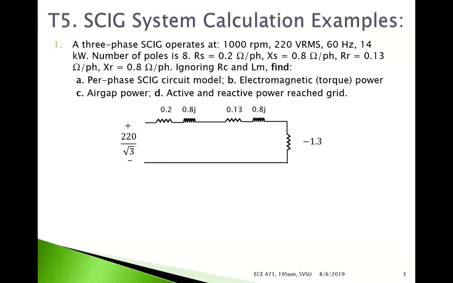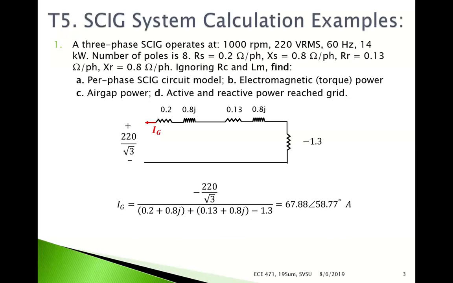The first thing we need to do is find the generator current, which is following this direction, and it's leaving the generator because of the generation operation mode. So we calculate the generator current, which is equal to the voltage in the numerator divided by the total impedance in the denominator. Here, be careful, we have a negative sign in front of the voltage.